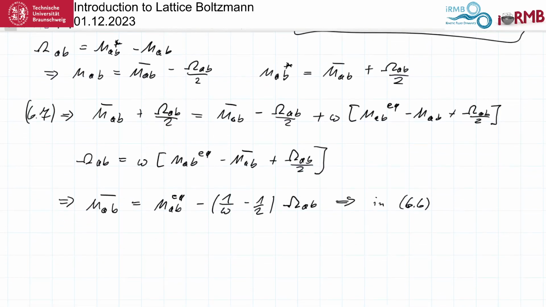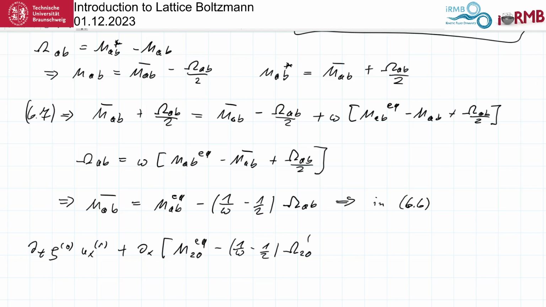6.6. And if we do this, we get dt rho 0 ux first order plus dx. Now here we have to put in these replacements, so the equilibrium minus (1 over omega minus 1/2) omega_20 second order plus dy.